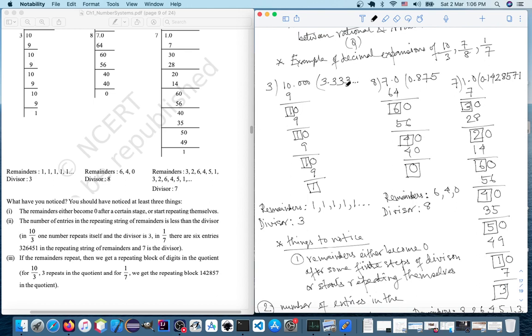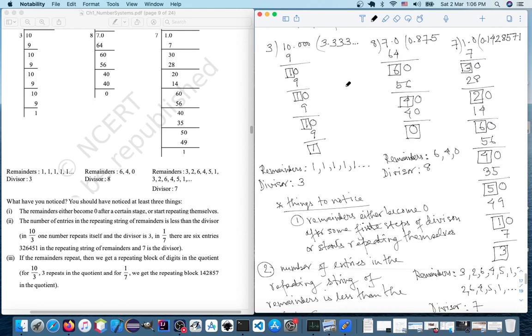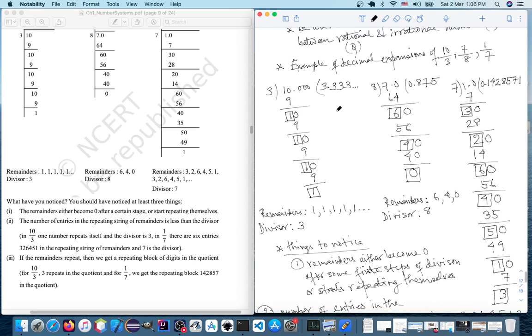So the repeating block of digits is 3. For the second case, we don't have any repeating digits because the long division method ends after the final step, and we have the remainder 0.